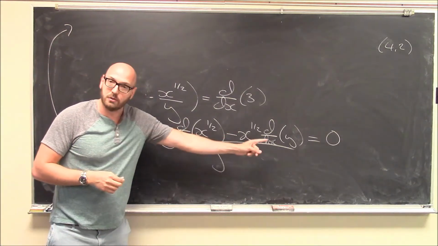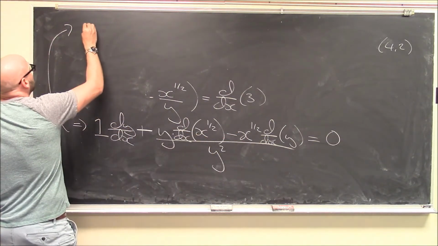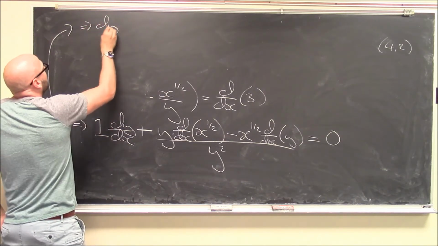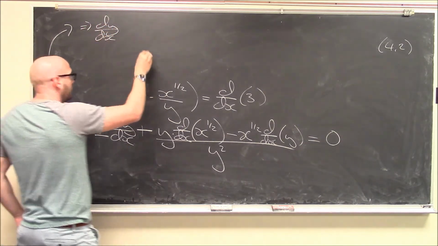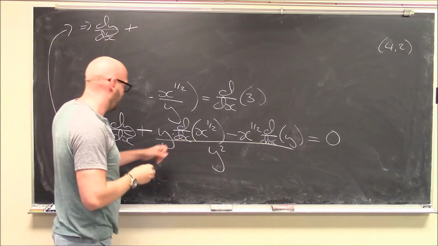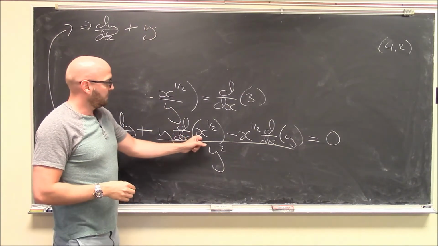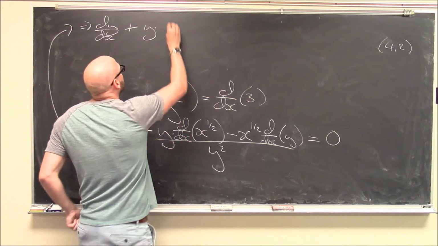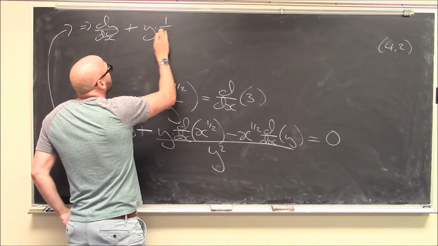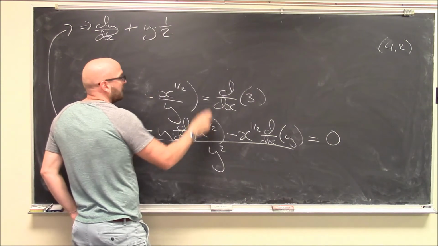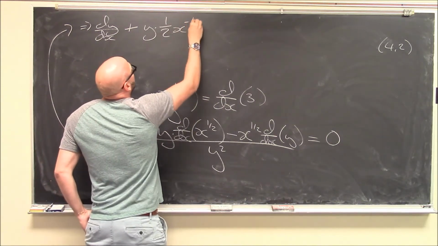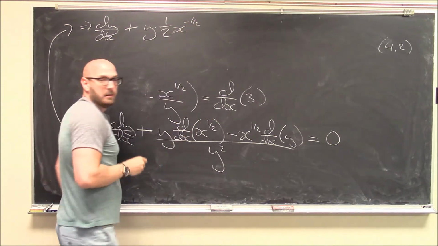I haven't evaluated these derivatives yet. We've got dy over dx plus, what do we have? Y times derivative of x to the 1/2. 1/2 comes out front, so 1/2 times x to the minus 1/2. 1/2 minus 1 is minus 1/2.